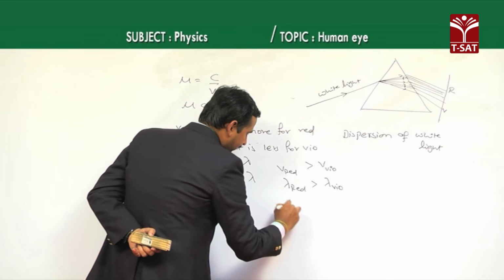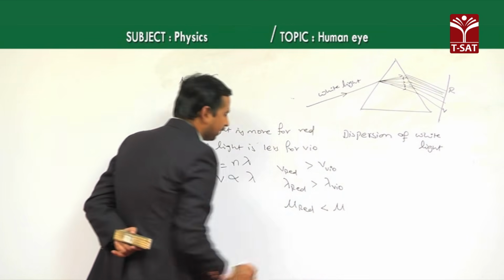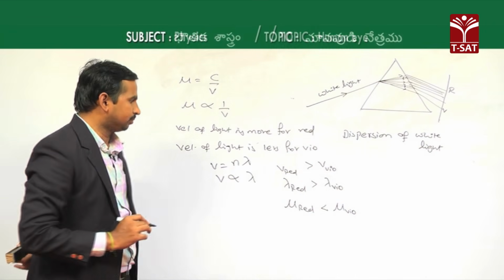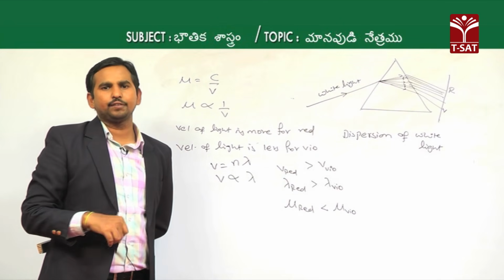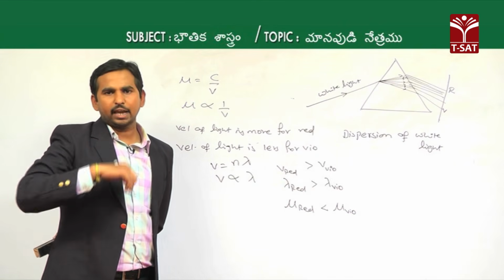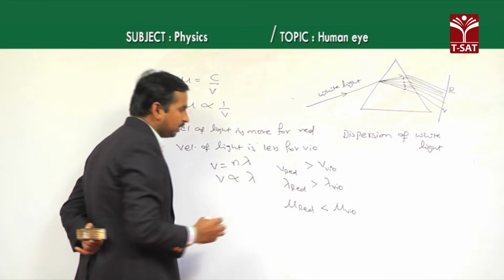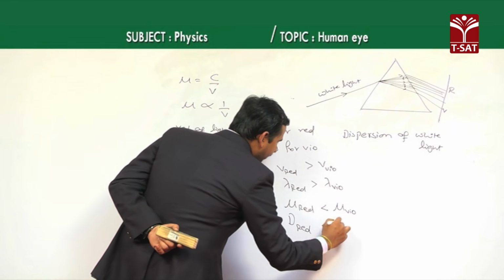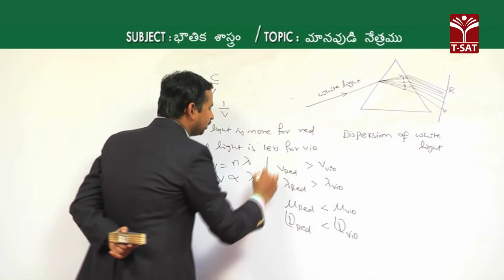That is why the refractive index of red color is less when compared to the refractive index of violet. Refractive index and deviation are directly proportional to each other. If the refractive index is more, then the deviation is also more. So that is why the deviation angle for red color is less when compared to the deviation angle for violet color.